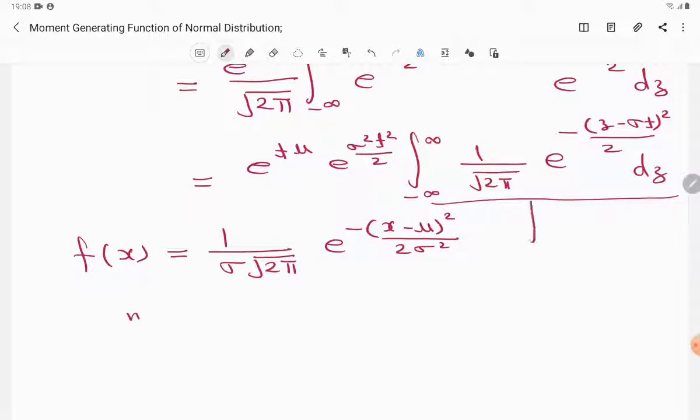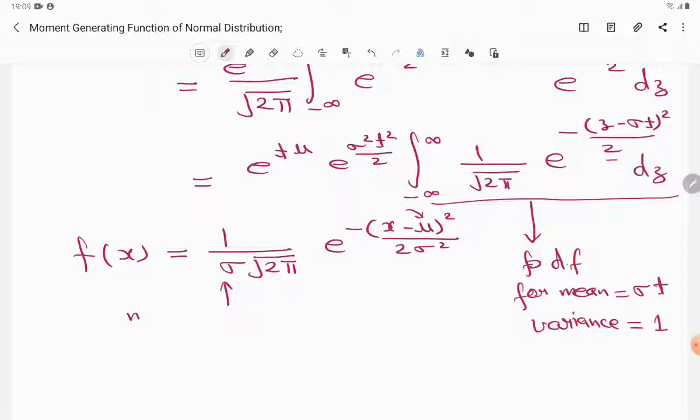Whatever you have inside is basically the PDF for mean equal to σt, since here you have μ and there you have σt. And for variance, over here I have only 1 into root 2π, and over here 2σ² corresponds to 2, so the variance is 1.